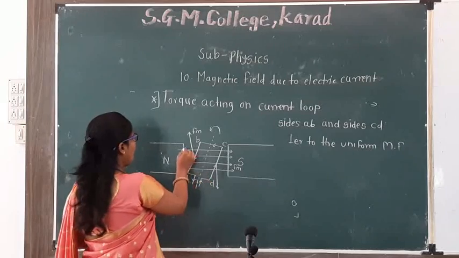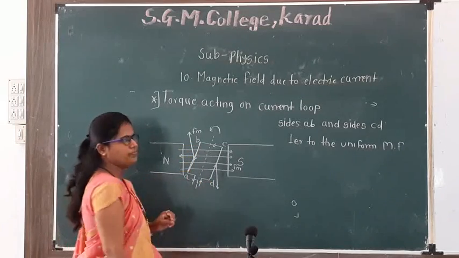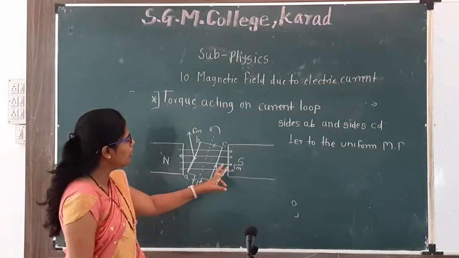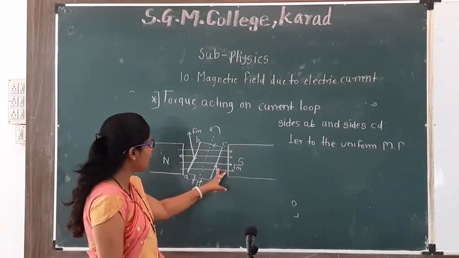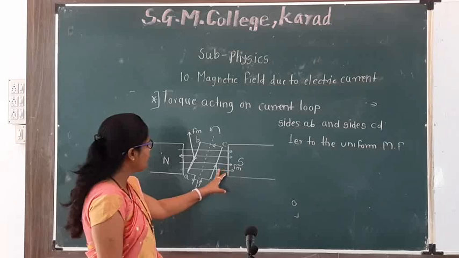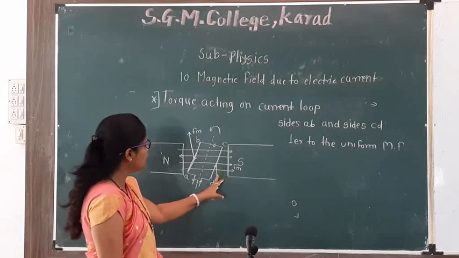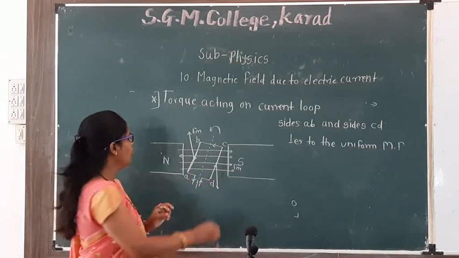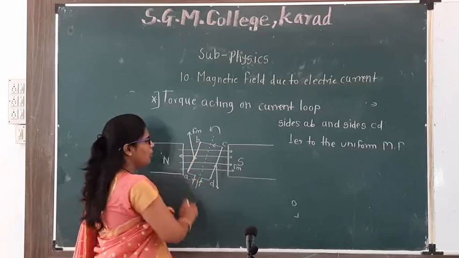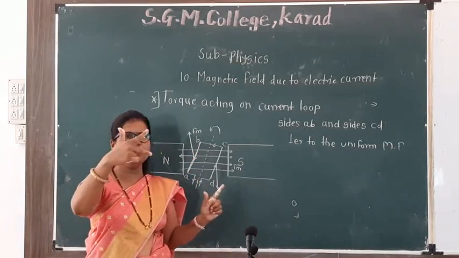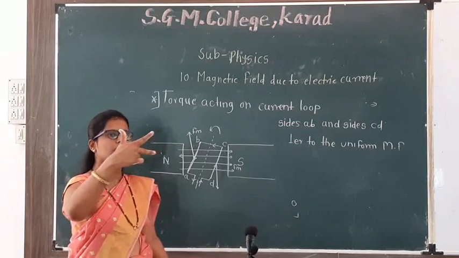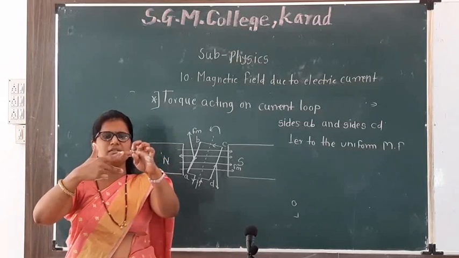Therefore, according to the right hand rule, we find the direction of the magnetic force due to the current carrying loop. Like this we can use the right hand rule.